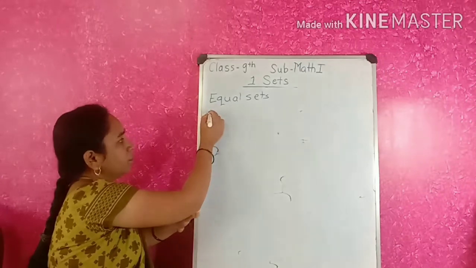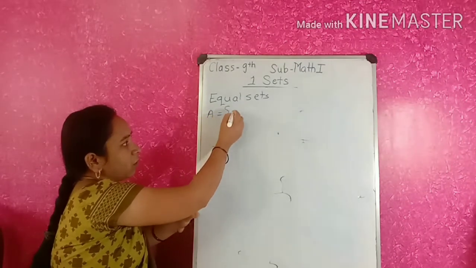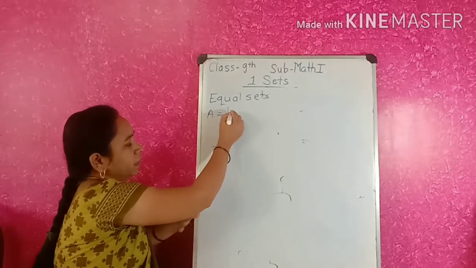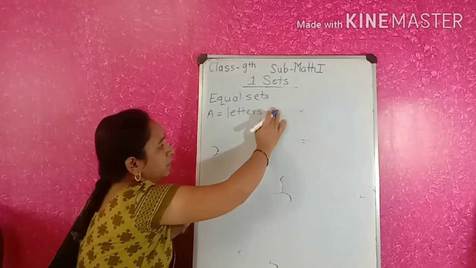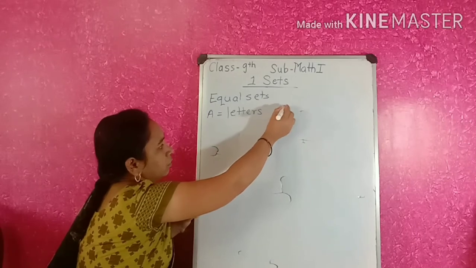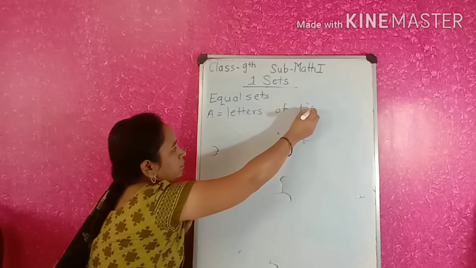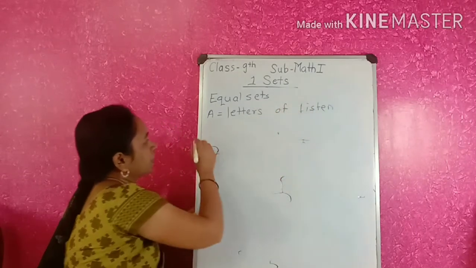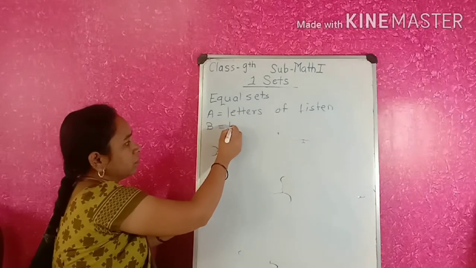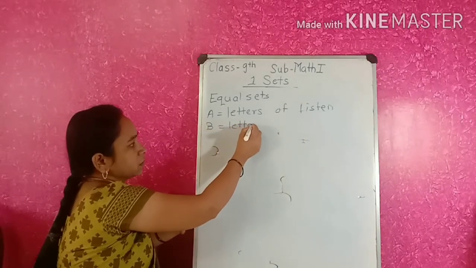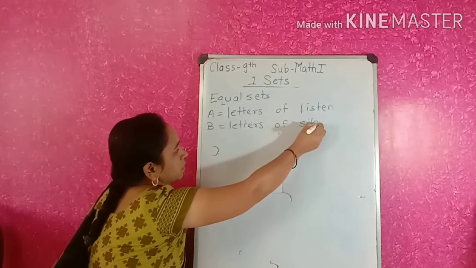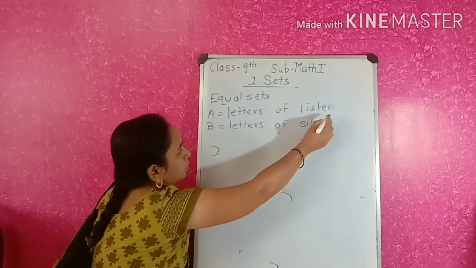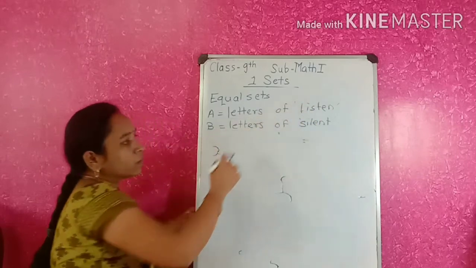For example, A is the set of letters of the word listen, and B is the set of letters of the word silent. Now two words I have taken.